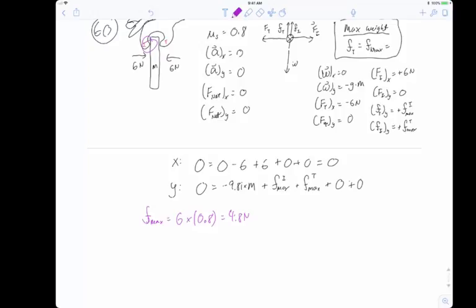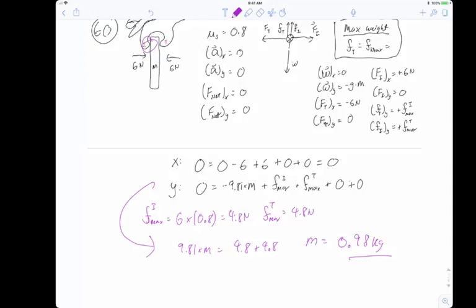And it's going to be the same for both F max I and F max T, because the pressing force is the same. So this equation becomes 9.81 times m is equal to 4.8 plus 4.8. So m has to equal 0.98 kilograms.